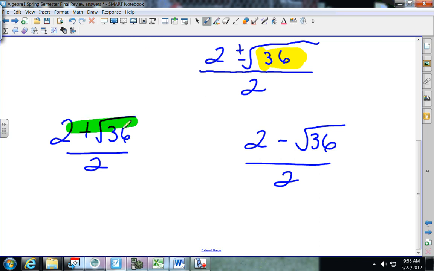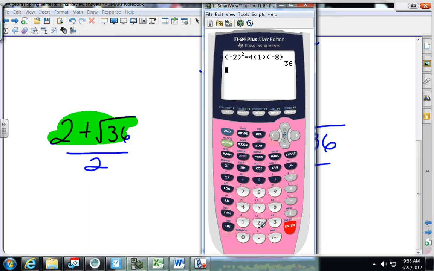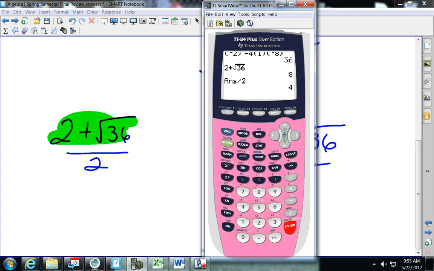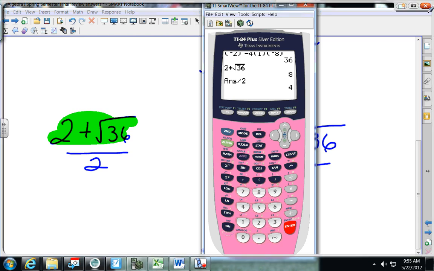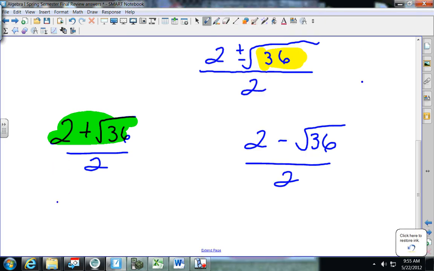Now go in the calculator. We're going to put what's in the top first. We've got 2 plus the square root of 36, press enter, divided by 2. So the first one right here is x equals 4.